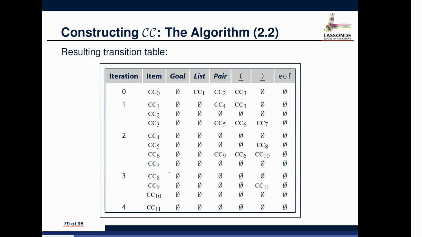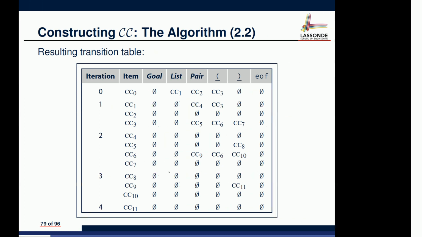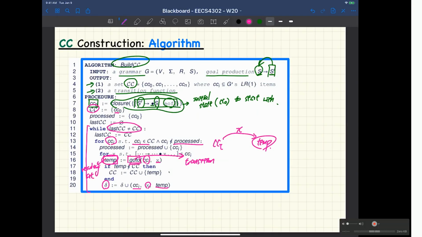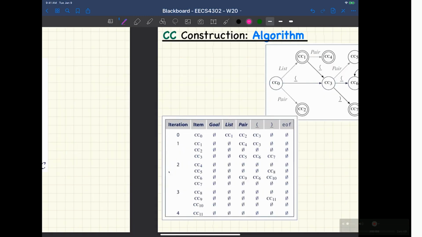This is more or less the transition table you should get. It's pretty big, and such a job in total should not be done manually. But since we're studying theory, I just want to make sure you can do a single step of that. That'll be enough. I just want to point out something so you can draw some connection when you study. It's not really complicated. You just need to be careful with the details.